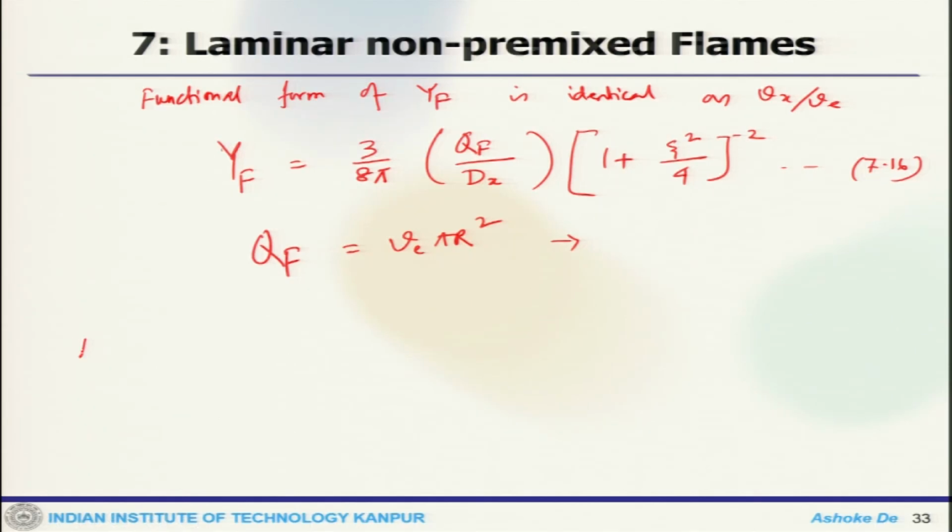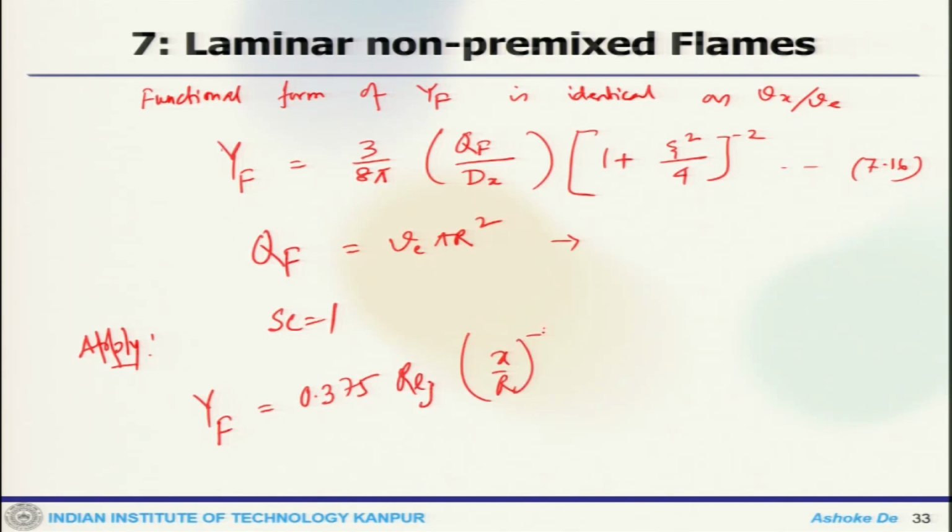Now, we apply the condition Schmidt number equals 1 to this equation. So, that gives back 0.375 Re_j to the power minus 1 over (1 plus chi square by 4). So, that is the functional form.